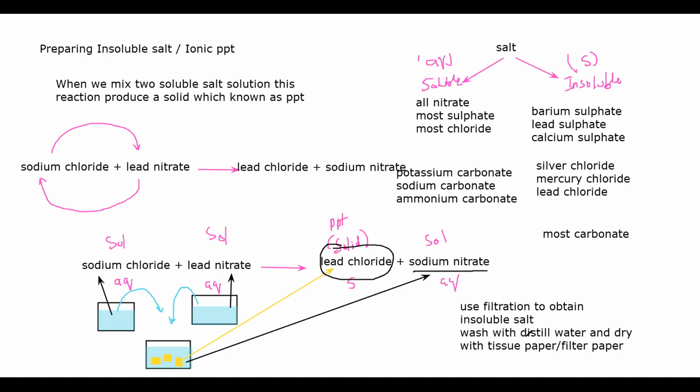If you use distillation and remove the water, you are left with both salts, sodium nitrate and lead chloride. So I will have a mixture of both salts if I use distillation.